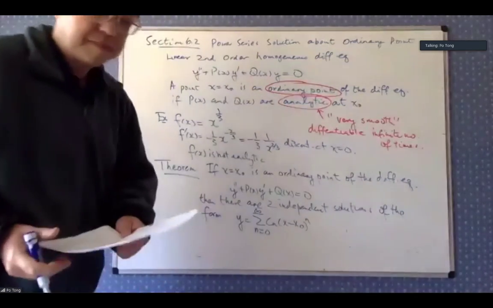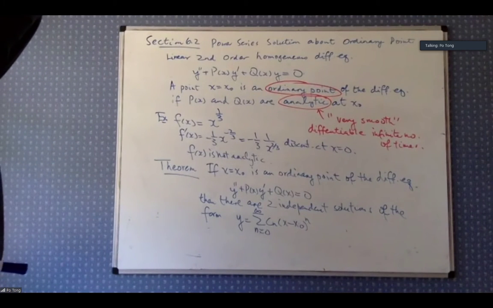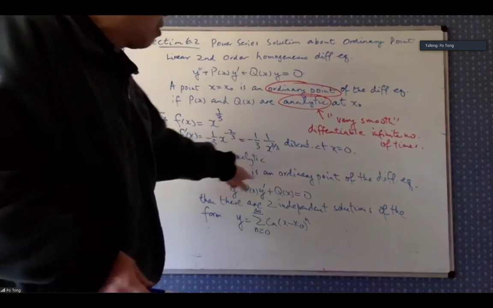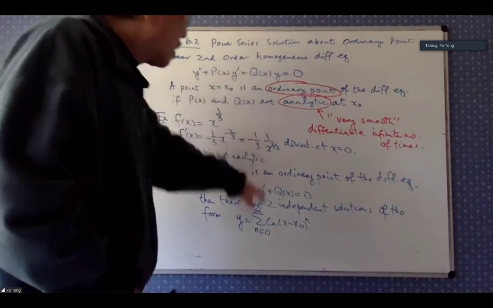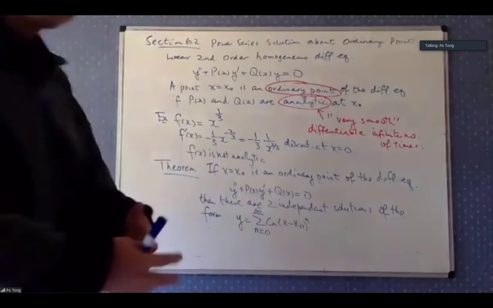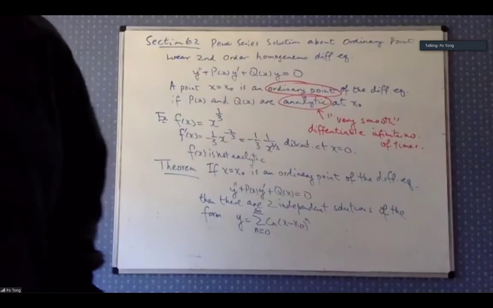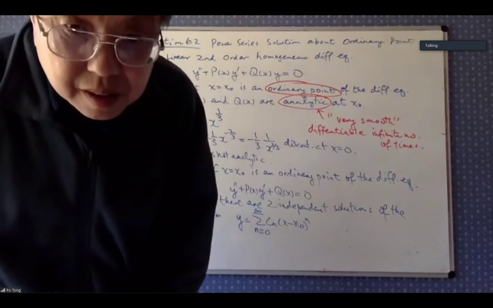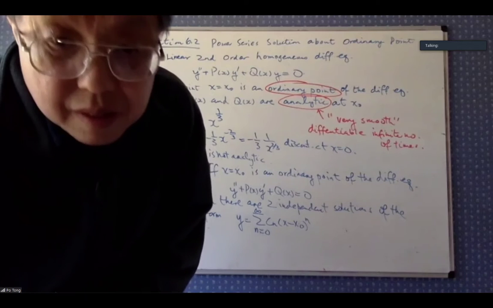So this is the theorem. We say that if x naught is an ordinary point, and ordinary point is defined here, then there are two independent solutions of this form. It basically justifies that you're going to have a power series solution. Any questions so far?